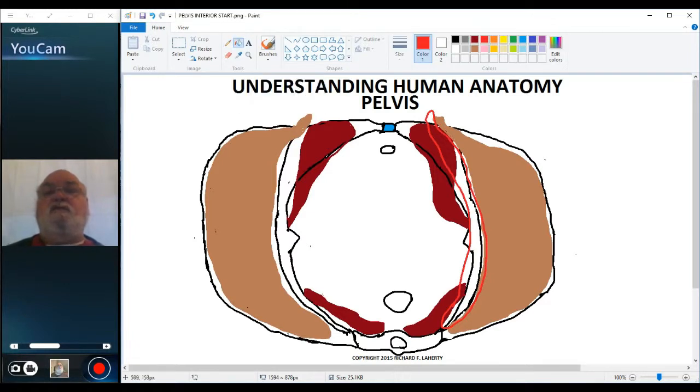And this is the psoas major muscle. I'm just getting it colored in here.